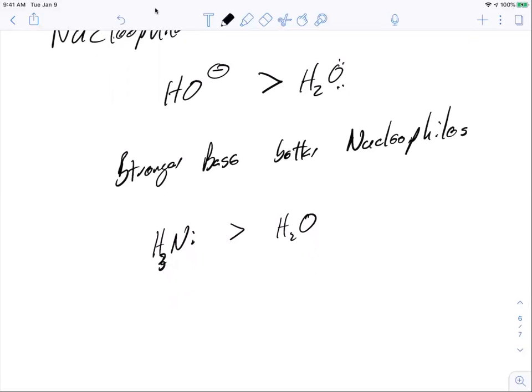The conjugate acid pKa should be around 10, while the pKa here is around 0. Therefore, the nitrogen has more available electron density, pulling that proton or reacting with that group.